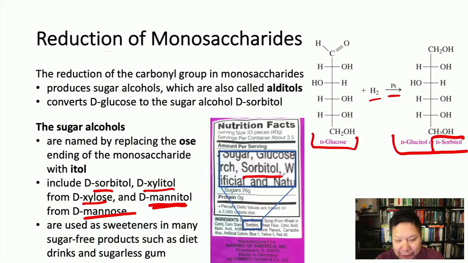So we went and looked for the MSDS sheet for the sorbitol to make sure that he wasn't ingesting anything that was toxic. The funniest thing happened when you type in sorbitol into Google. It comes up with all these Amazon reviews for Haribo's sugar-free gummy bears. And these reviews are quite hilarious.